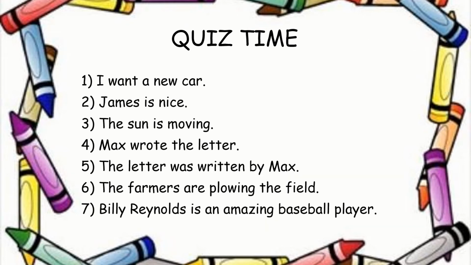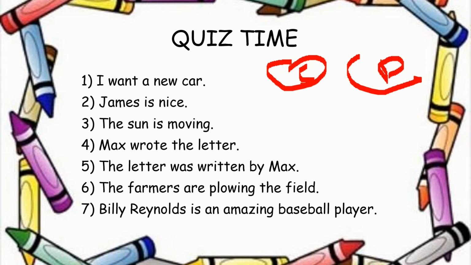Now, let us have a quiz. By identifying the subject and the predicate, we'll circle the subject and we will underline the predicate. Okay. So, first one is I want a new car. Here, I is the subject and want a new car is the predicate.